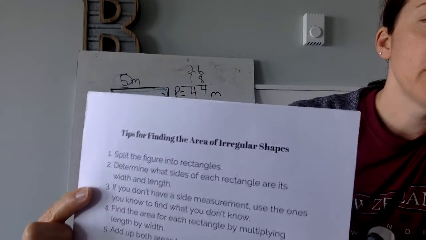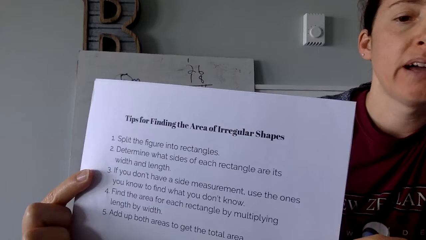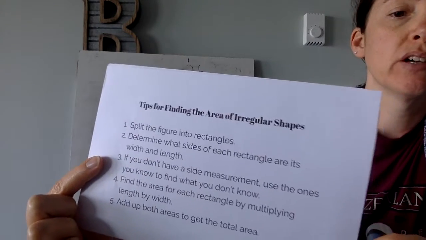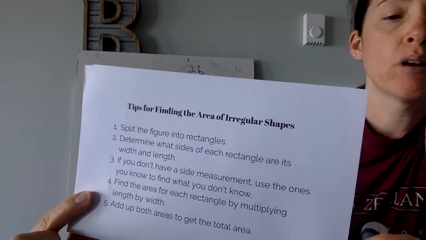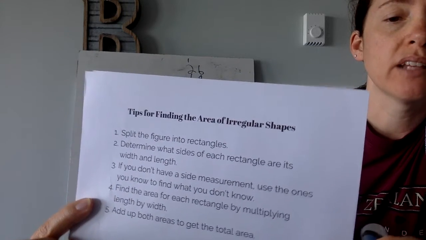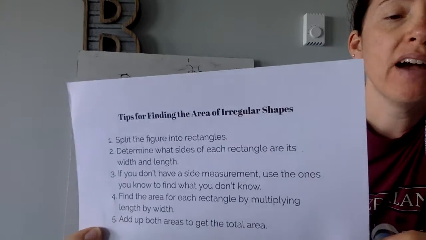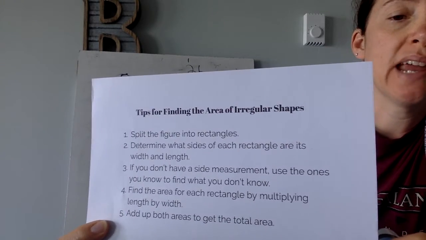Then I go on to my next step, which is if you don't have the side measurements, use the ones you know to find the ones you don't know. Well, we already did that when we found the perimeter. So we can go on to 4, which is to find the area of each rectangle by multiplying length by width, which we did. And then 5 is we're going to add up both areas to get the total area.